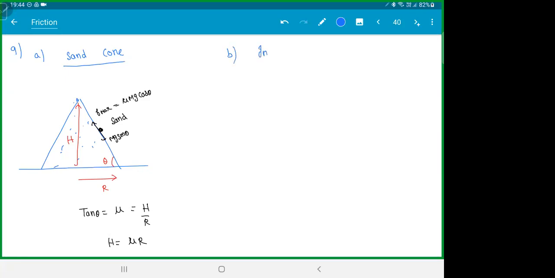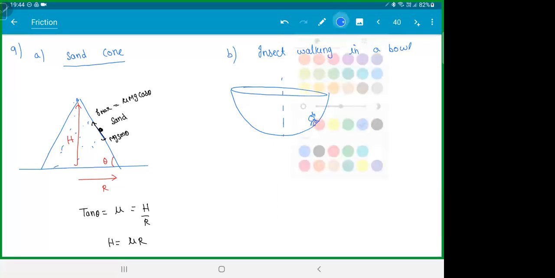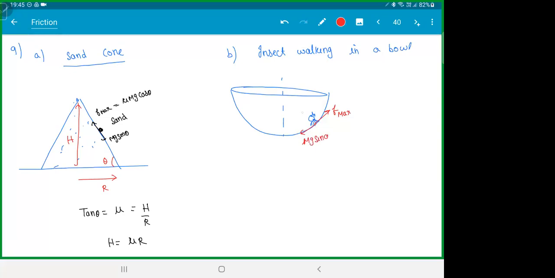Second thing, insect walking in a bowl. They will say there is a hemispherical bowl and an insect is walking. Now you tell me, if the insect is walking, what's the direction of friction? Up. Because of friction, the insect is walking. Don't forget that. So F maximum will be mg sine theta, this is theta here, and this is mu mg cos theta.